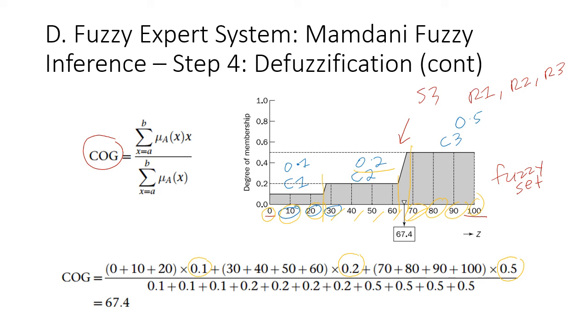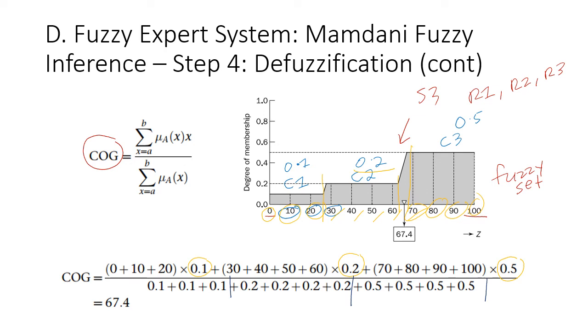And how do you get this set of values? So if you see, we are doing a summation of the values 0.1, 0.2, and 0.5. And where do we get these numbers?